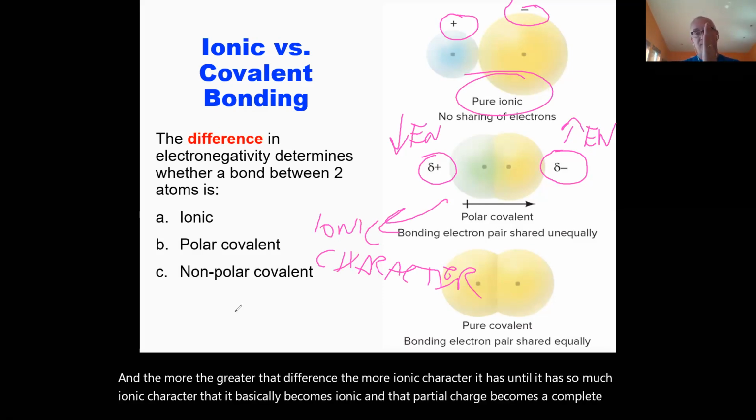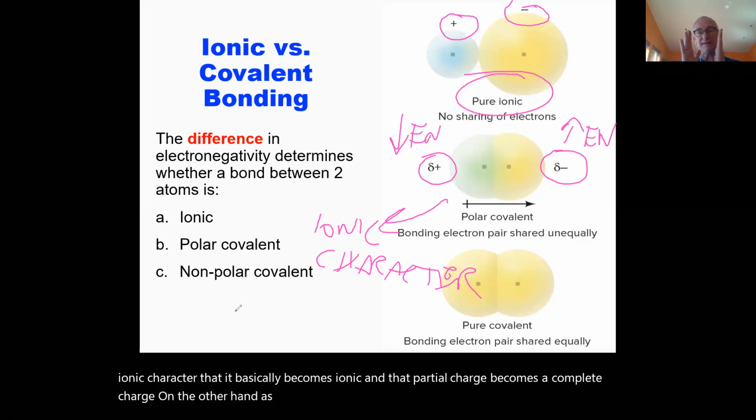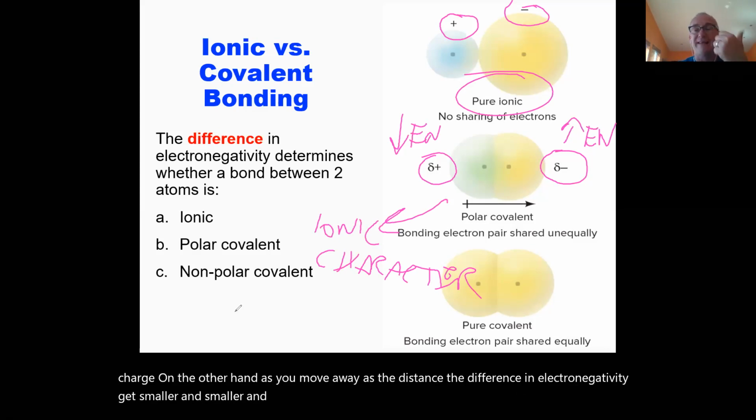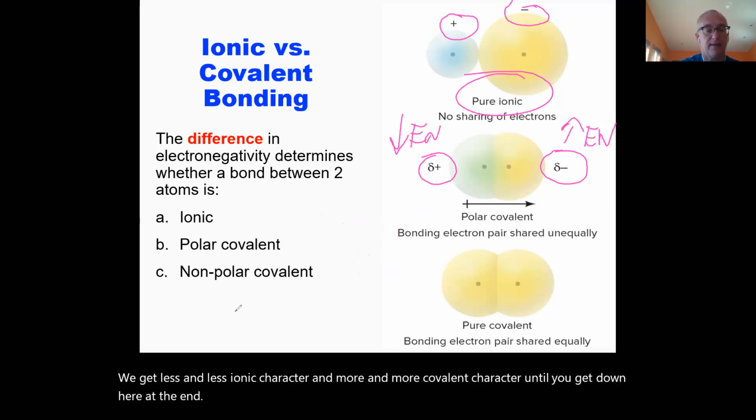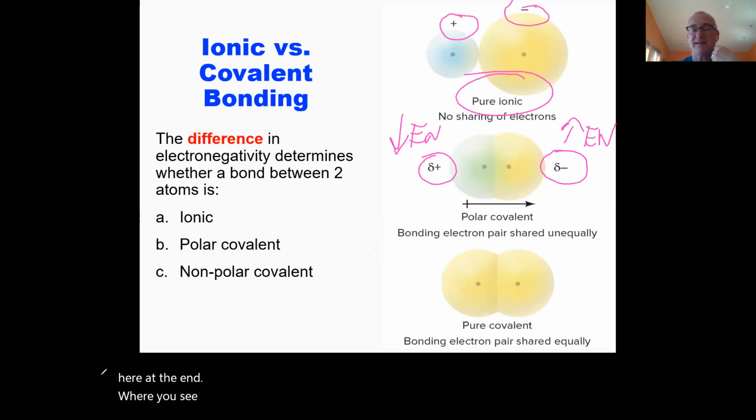On the other hand, as the difference in electronegativity gets smaller and smaller, we get less and less ionic character and more covalent character, until you get down here at the end, where you see a compound that basically has no difference in electronegativity, or a very, very small difference.